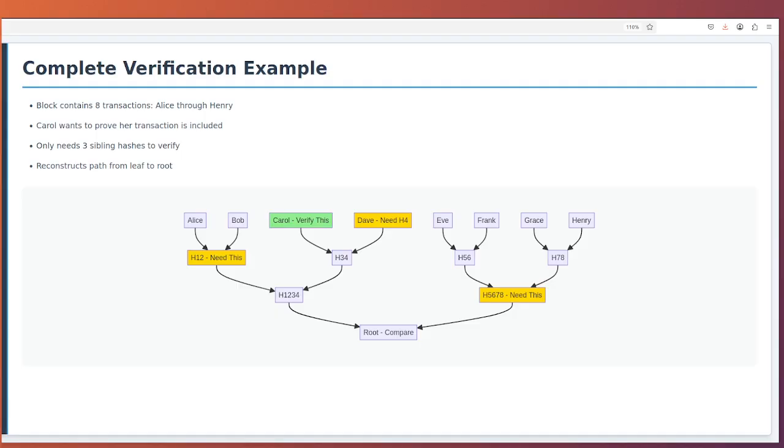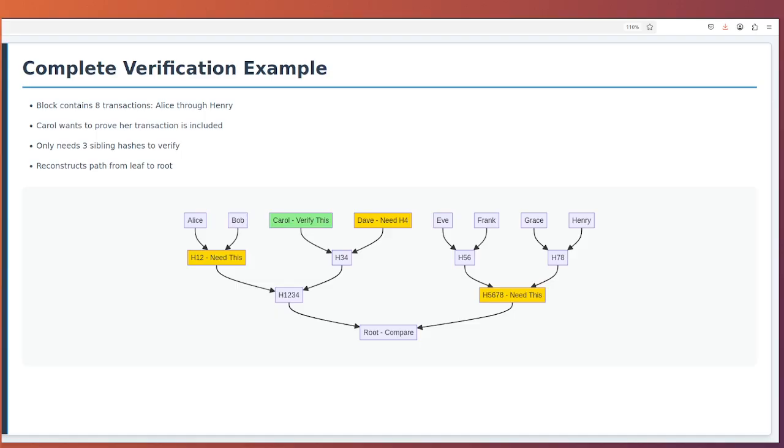Carol combines H34 and H12, and hashes them to create H1234. Moving up again, H1234 needs its sibling. That's H5678, representing Eve, Frank, Grace, and Henry combined. Carol combines H1234 and H5678 and hashes them to produce the Merkle root.